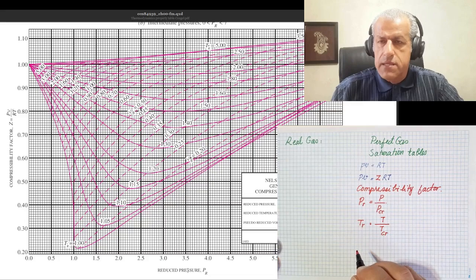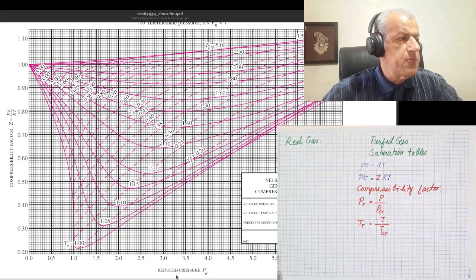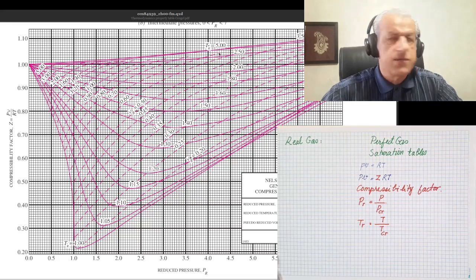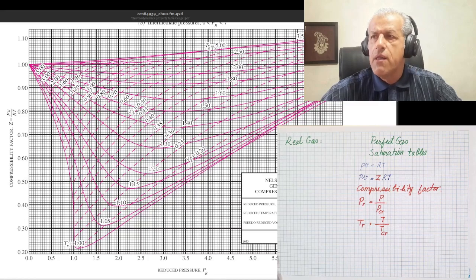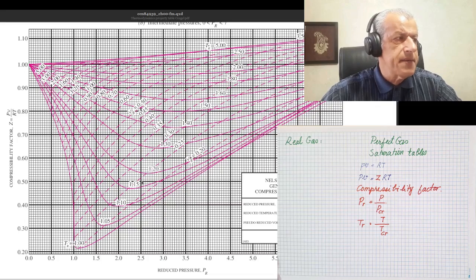A knowledge of these two parameters is what we need on this figure. PR is here, and the TR are these lines. You see, it's written here, TR equals 5, and then we have all other values for it, which is 2.5. These are these solid lines here. This is 2, 1.8, and this is 1.6, coming down to TR equals 1.